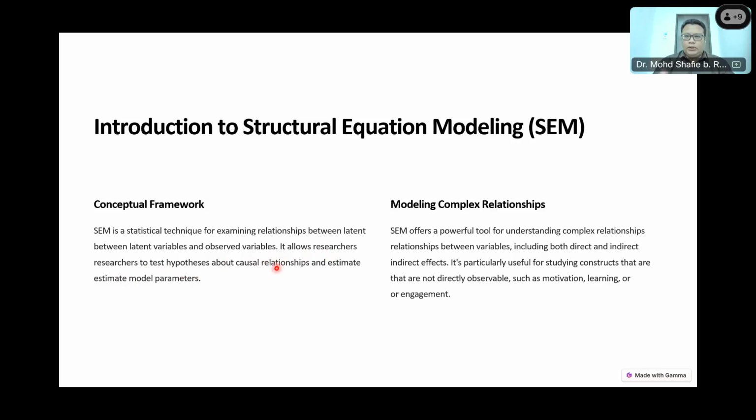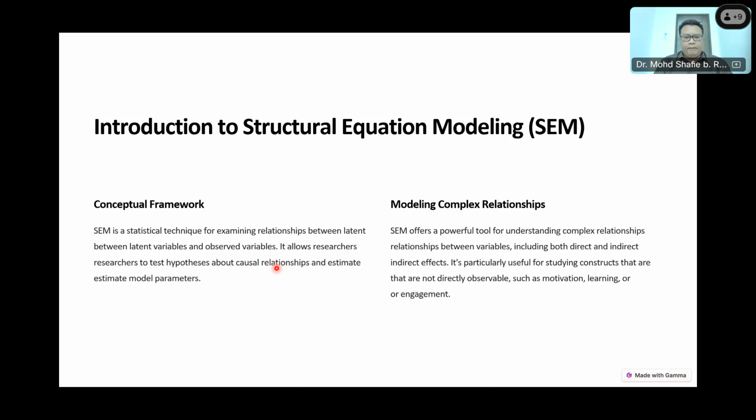So what is a causal relationship? For example, you want to understand what factors contribute toward someone buying a product. This is quite a popular example.